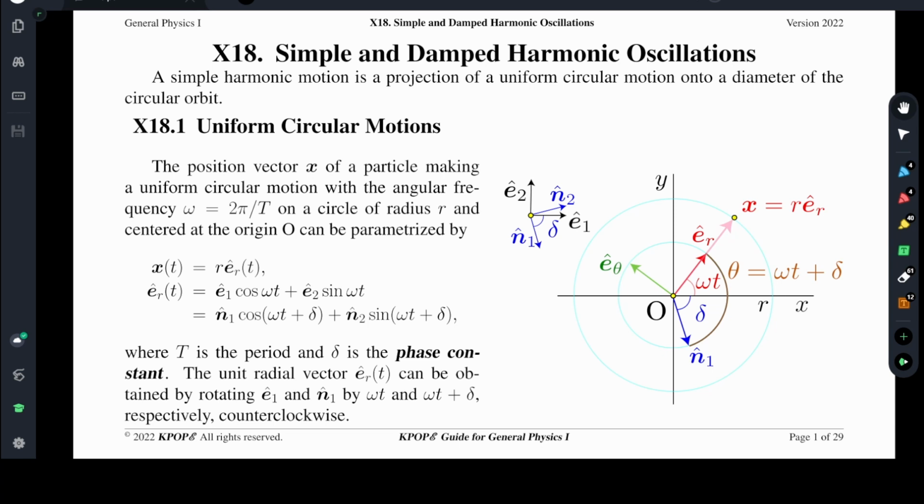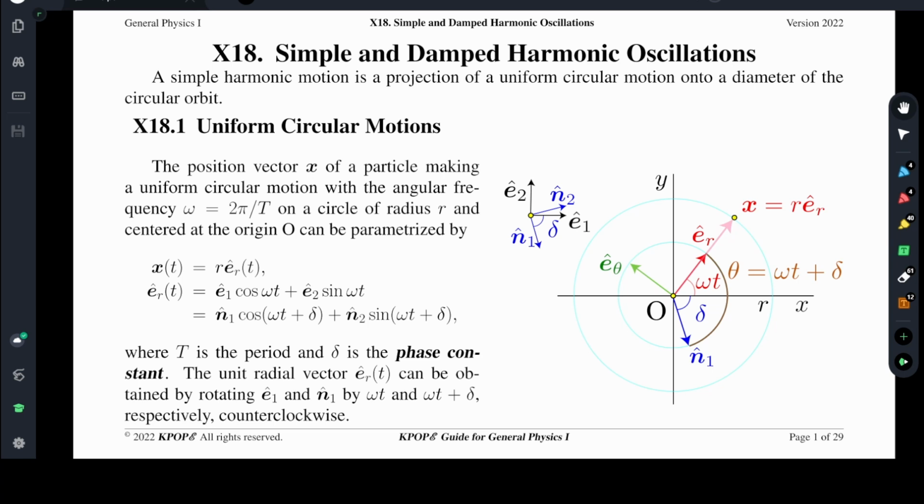At the end of this derivation, you will find that the equation of motion for a simple harmonic oscillator is identical to the equation of motion for a uniform circular motion. And you are already familiar with that solution through the previous study regarding the motion on a circle.